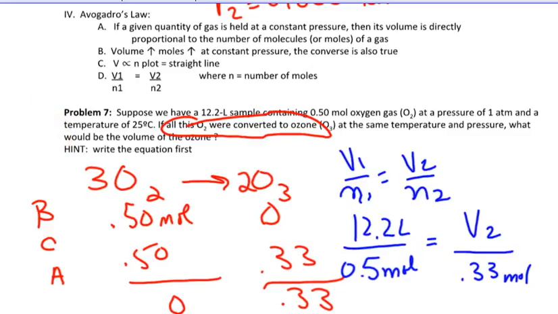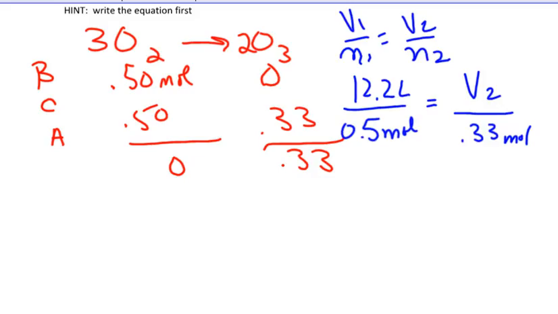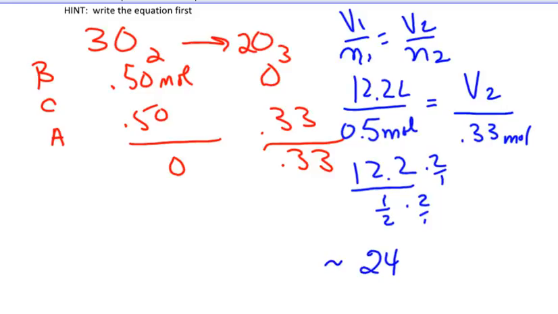Let me show you what I mean here. So I have 12.2. Does 0.5 equal 1/2? Yes. So what do I do with my denominator? I need to rationalize it, right? So 12.2 times 2 is roughly 24.